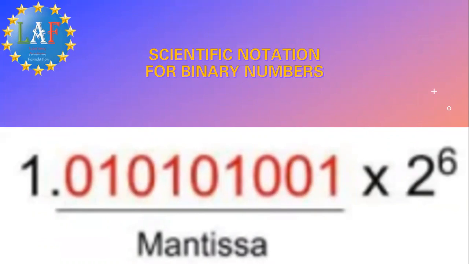The number before the decimal point is 1, and the decimal point is called the floating point, and the mantissa, in this example, is 0.1010101, times the base 2 power the sign and the exponent, so 2 power 6. So the position of the point is not fixed. For this reason, this representation is called floating point.